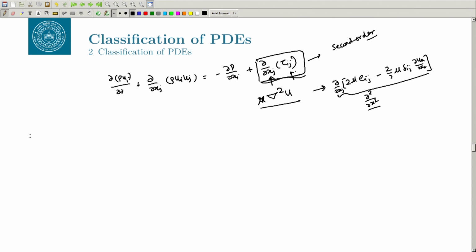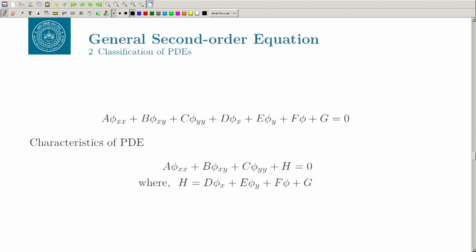So, today we will look at a very general second order equation and then we will see how, in certain limits, we can see the character of the equation. So, let us write a general equation.